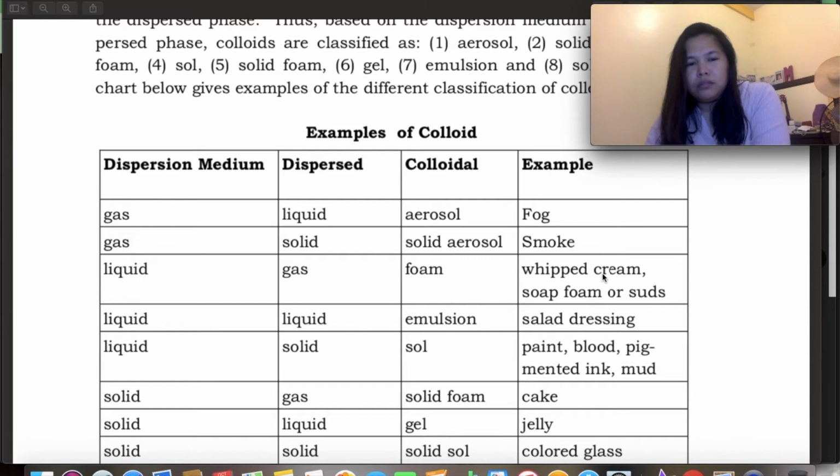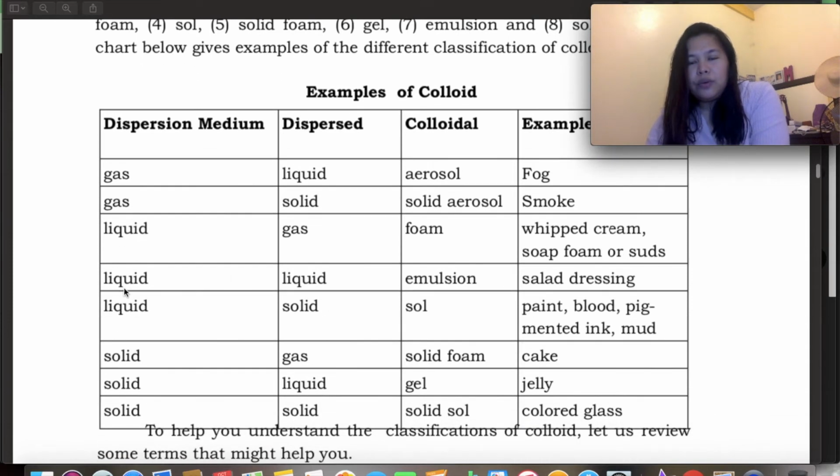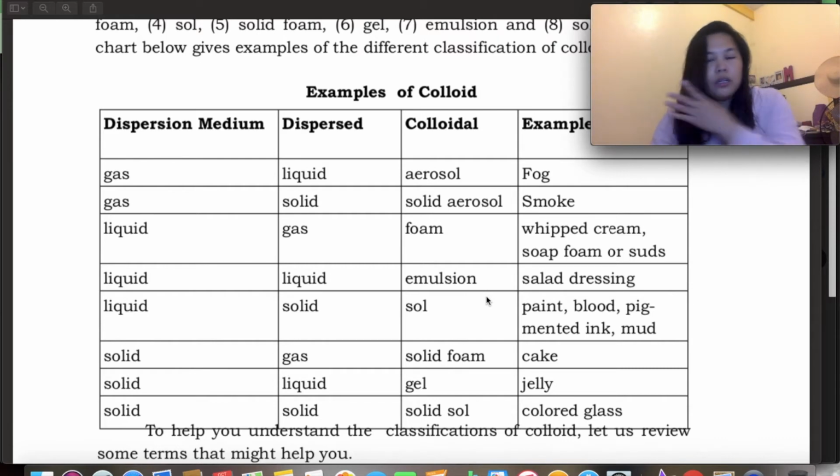And then liquid, all liquid, the emulsion effect, like salad dressing. Ketchup plus something else mixed in Caesar salad sauce. Just research it, there are many examples of emulsion. Mayonnaise. And then liquid, solid, sol.